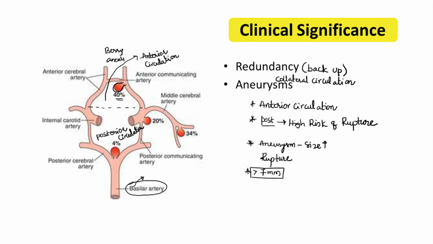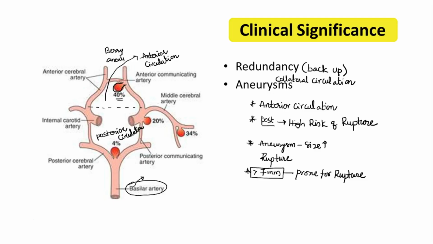The reasons are, if the size is more than 7 mm, there are high chances, that is, these are prone for rupture. So if the size increases, it is better to operate these patients. So these are the few clinical points about aneurysms, that is the intracerebral aneurysms.